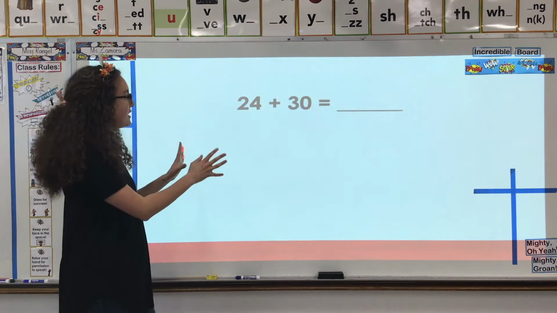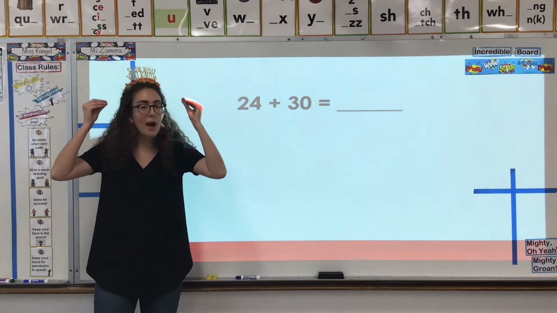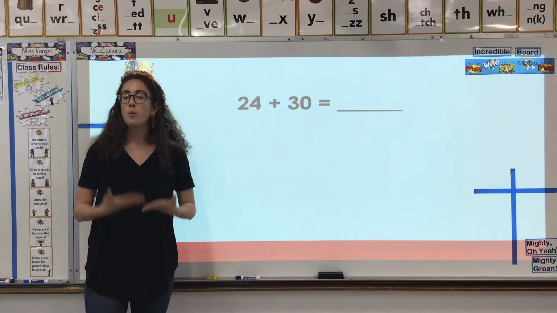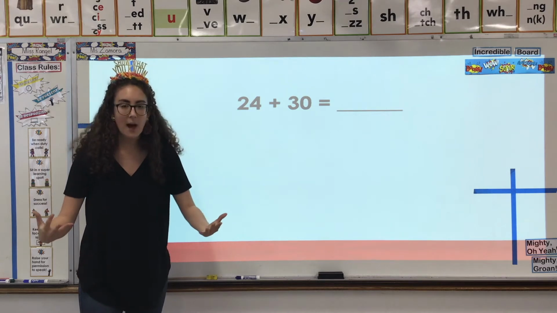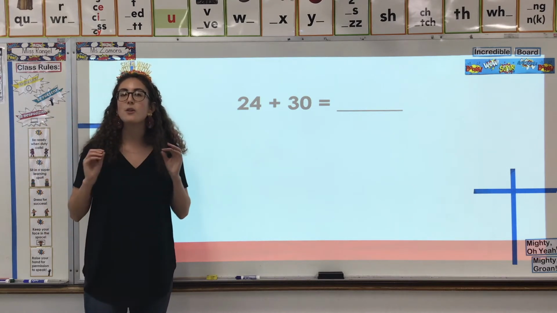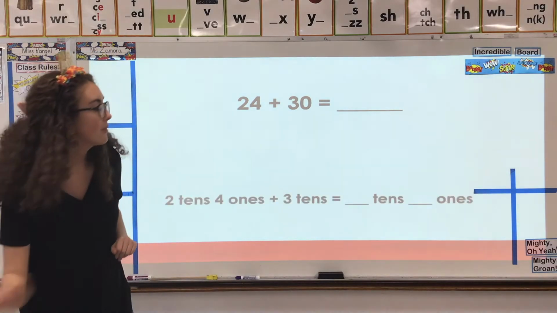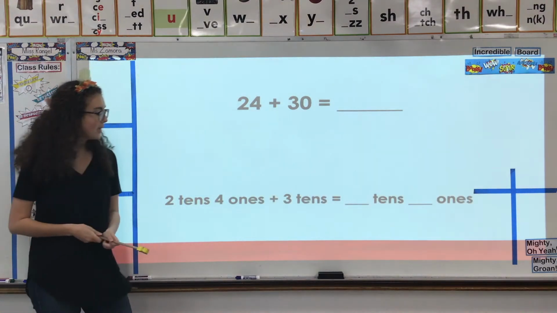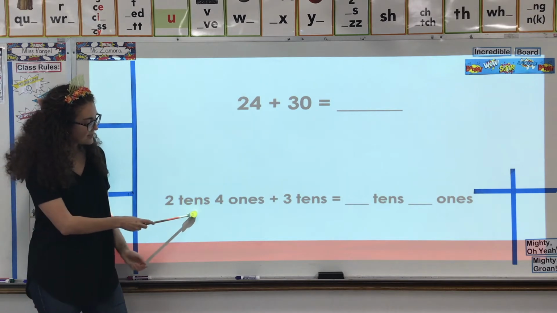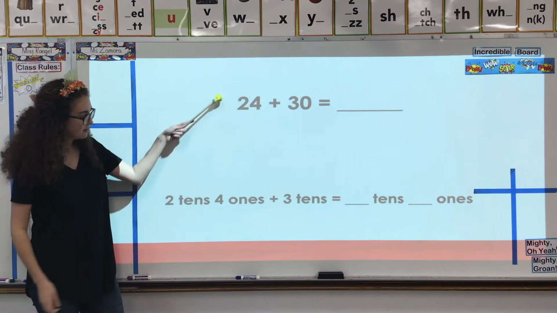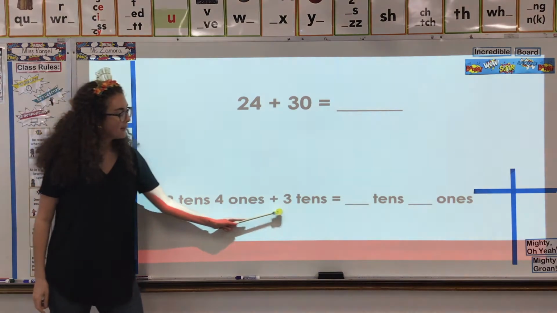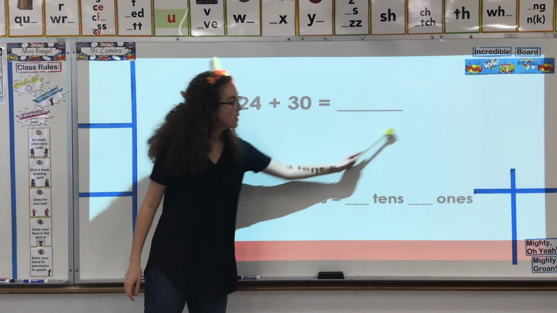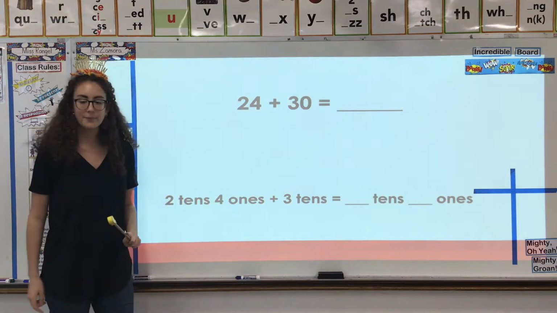So looking at this problem, when we're trying to solve it just in our heads, doing mental math, we want to think about the place value to just add those tens together. So we can think about the problem like this. We have 2 tens, 4 ones, that's 24, plus 3 tens, 30, equals blank.